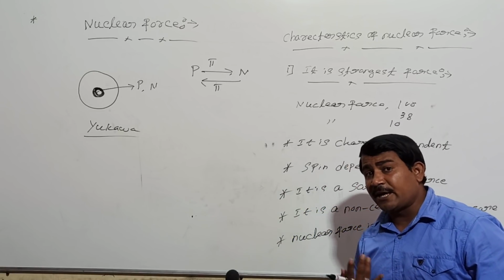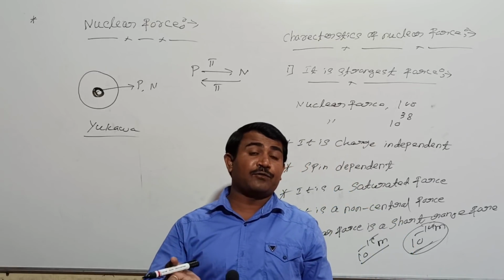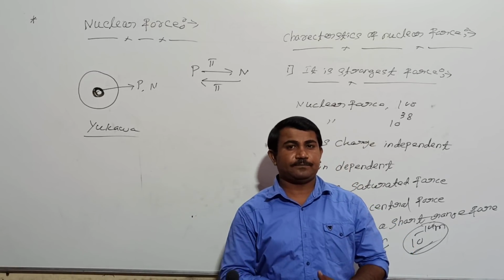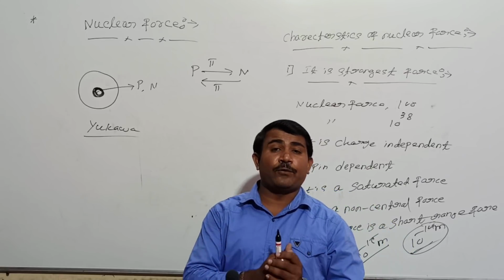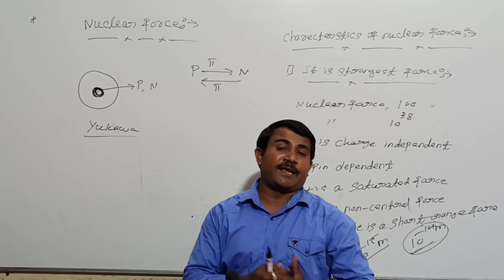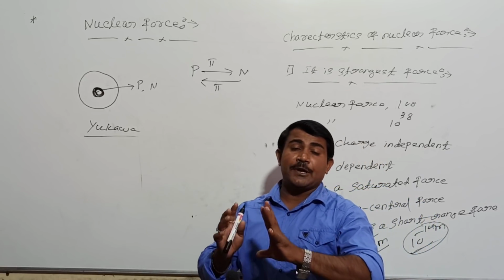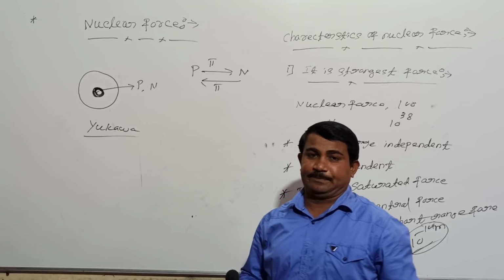How is it increased? Already we said that nuclear force may be attractive, nuclear force may be repulsive. This repulsive force prevents the collapse of the nucleus, and the attractive force holds the nucleons inside the nucleus very tightly.